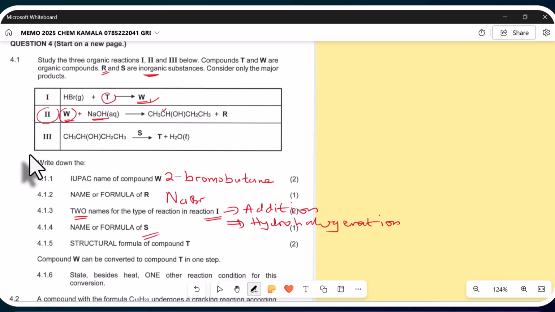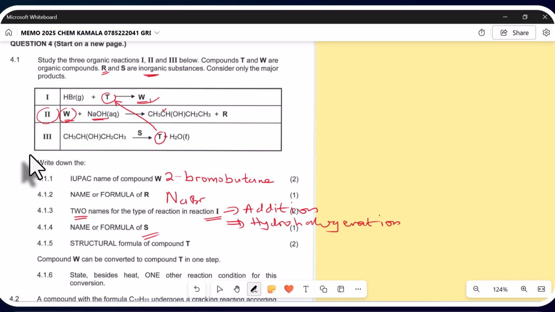So the bromo must have been on carbon number 2 here, and so this should be the answer, because we're only dealing with the major products. Don't forget each carbon must have 4 bonds, not more than 4 and not less than 4.